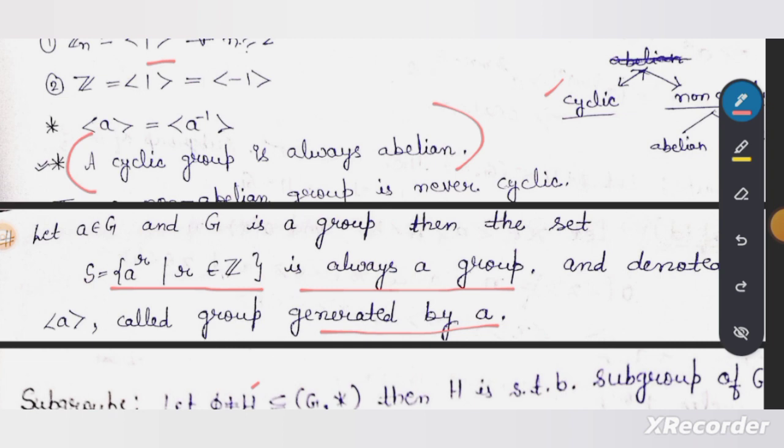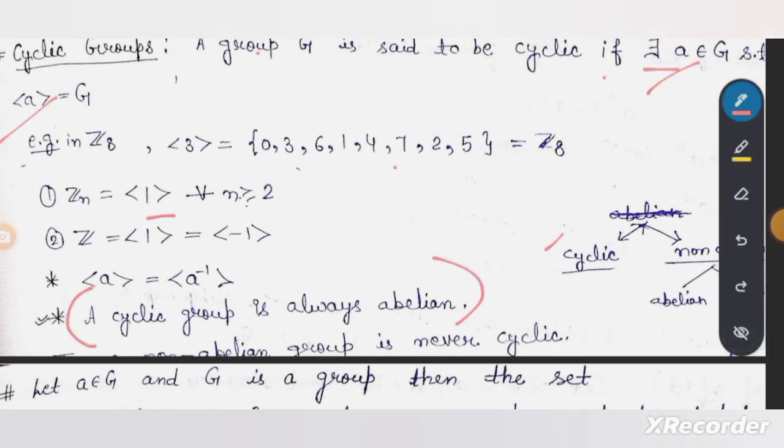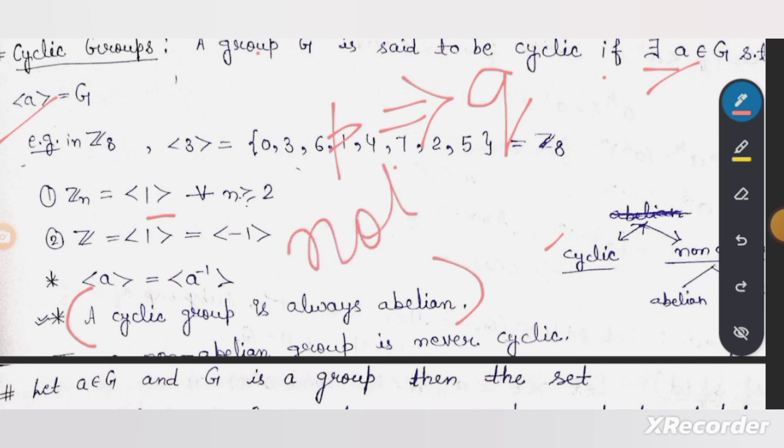You should be aware of this property, that if any statement P implies another statement Q, then not Q implies not P.